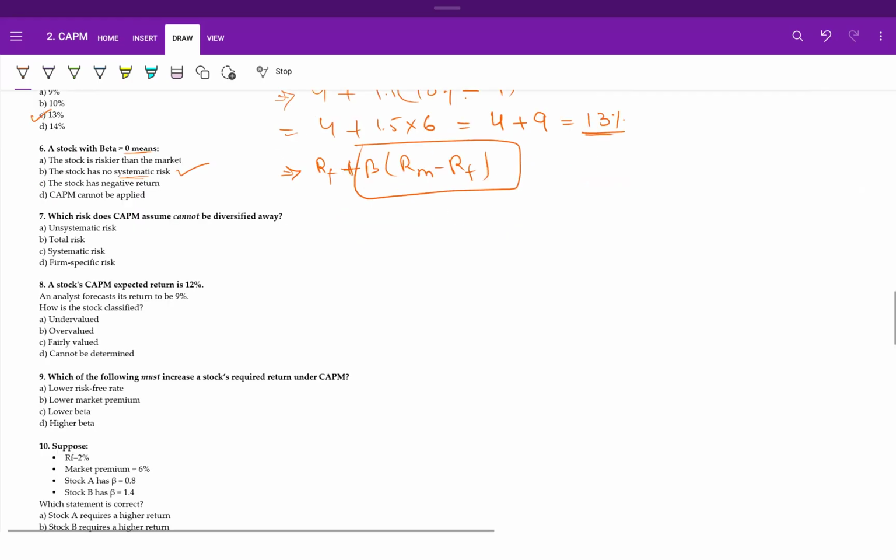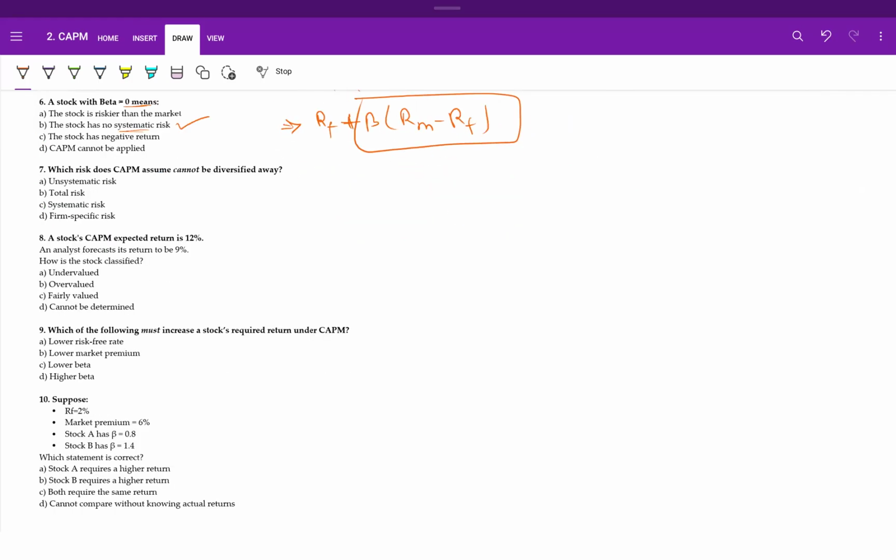Question number 7 is which risk cannot be diversified away? And yes, we talked about it. The risk which cannot be diversified away is systematic risk, because systematic risk is involved with the economy or the broader picture.